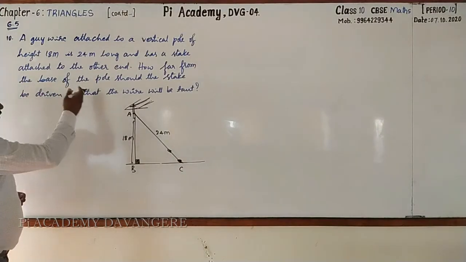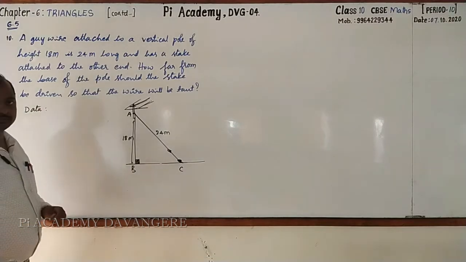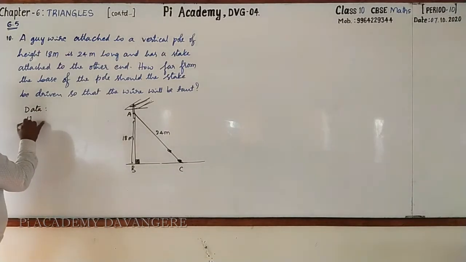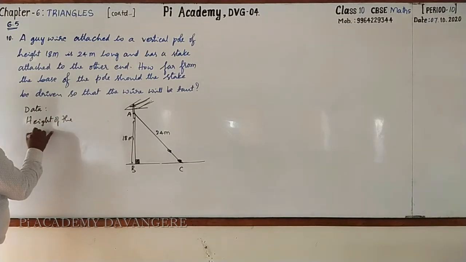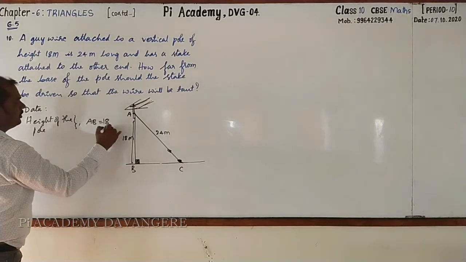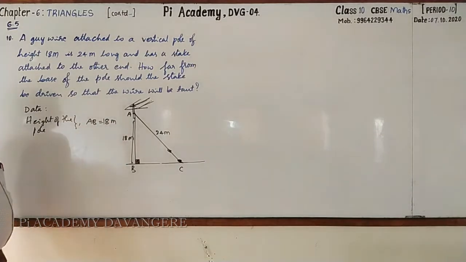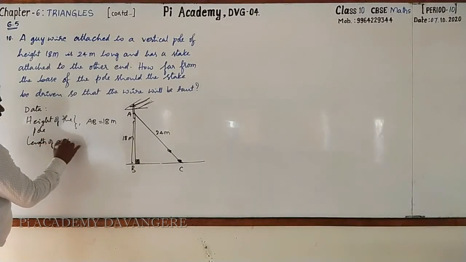Yes, you may start writing with me. Pausing the video, copy this. After that, start with me. Data. Here they have given height of the pole. Height of the pole is how much? It is AB equal to 18 meter. Next, length of guy wire.